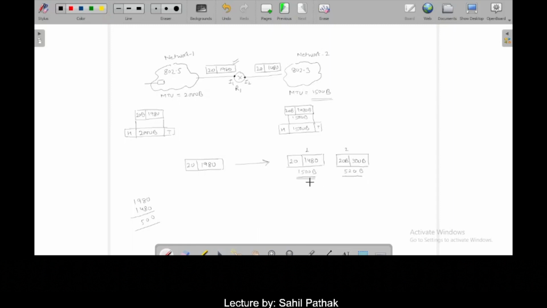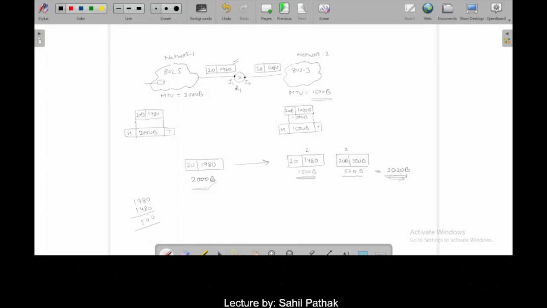So we can see the total size is coming out to be 1500 plus 520, that is 2020 bytes, and we have 2000 bytes, sorry, we have 2000 bytes here.